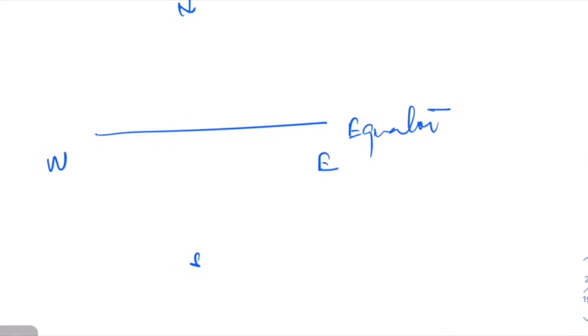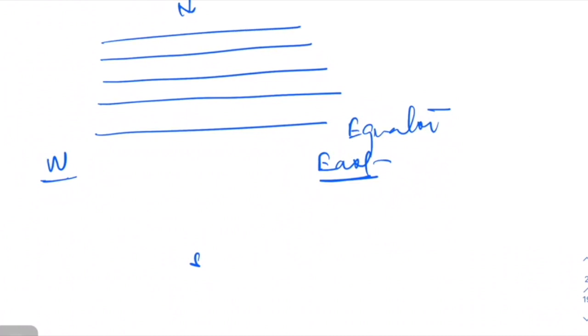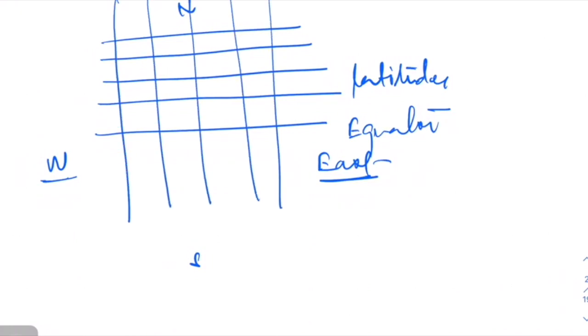Suppose this is our equator, right? As we all know through convention, above the equator is north, below is south, this side is west, and this side is east, right? So this is how it is. Latitudes are parallel lines to the equator. All the parallel lines to the equator are latitudes, and longitudes are these vertical lines, right, which all merge at the poles.